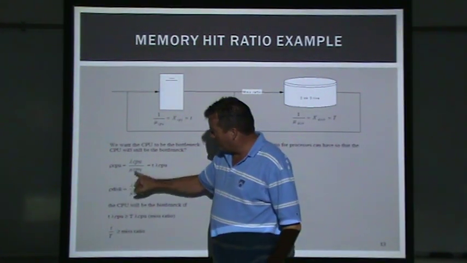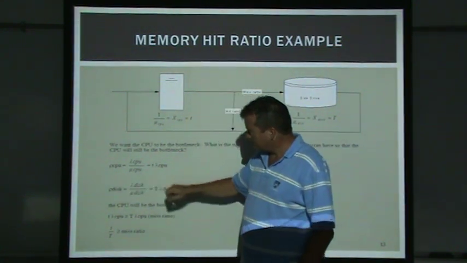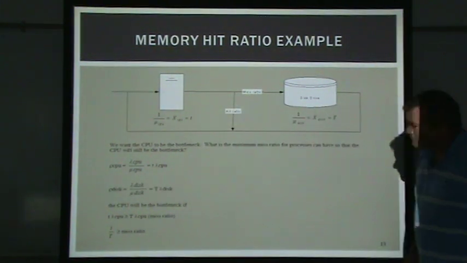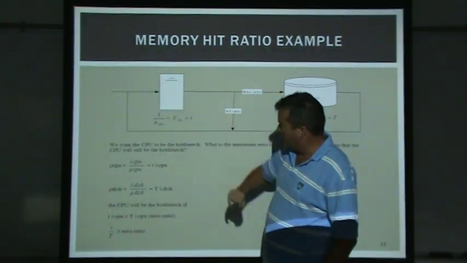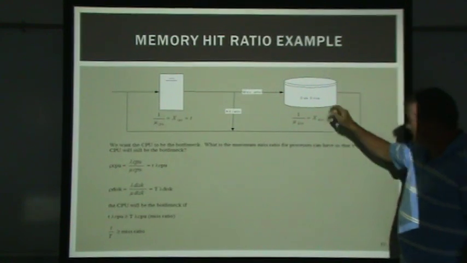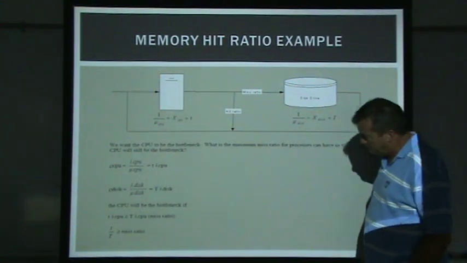So the rate into the CPU is lambda into the CPU divided by the service rate of the CPU, which equals small t. We're saying small t is the service rate of the CPU, the time spent at each visit of the CPU, and big T is the amount of time spent at the disk drive.